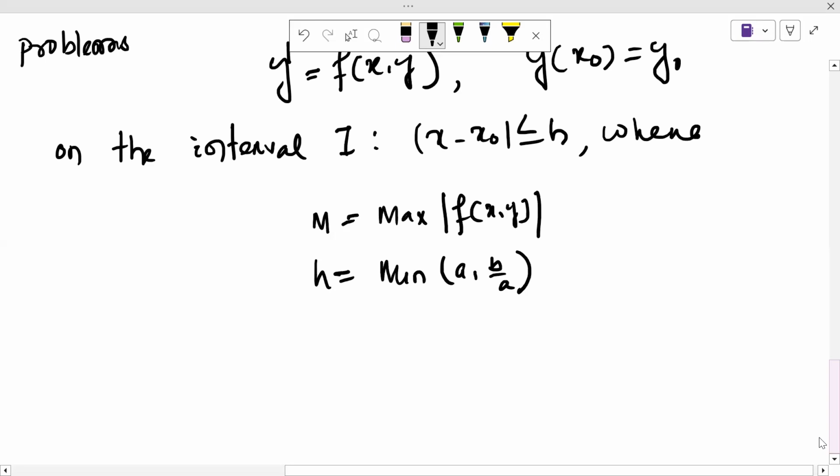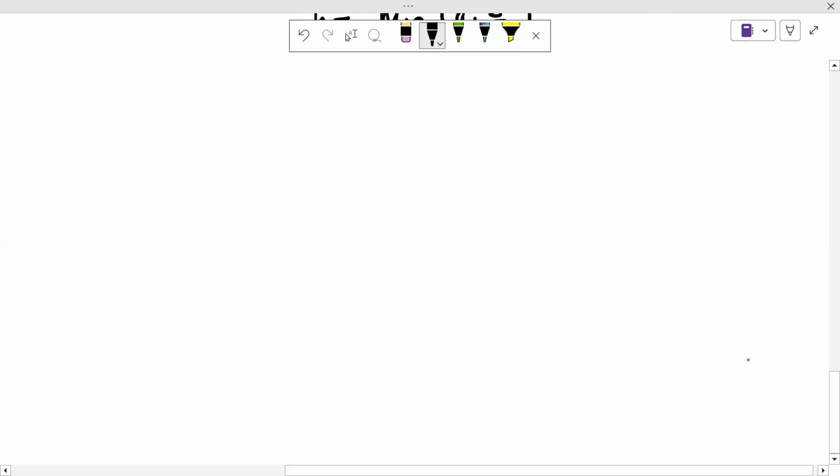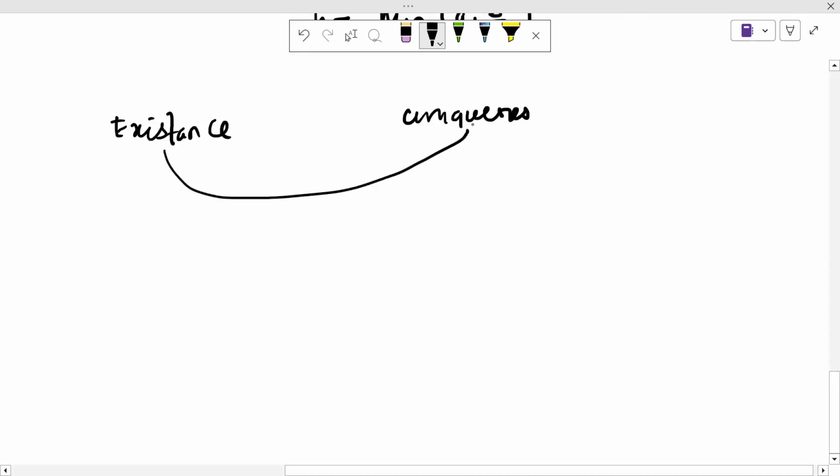So what is the existence and uniqueness solution? For existence and for uniqueness, there are two different things. We already discussed existence of the solution, as well as uniqueness of the solution.